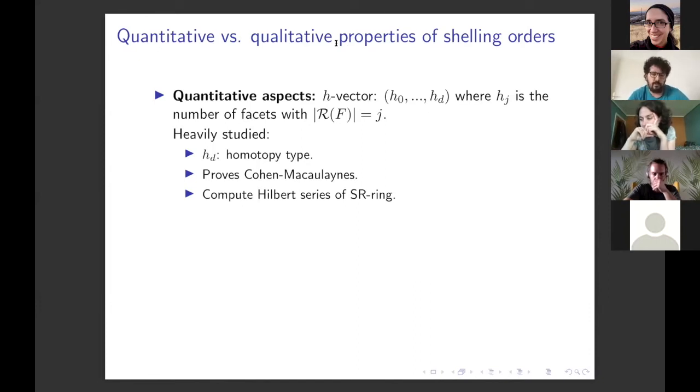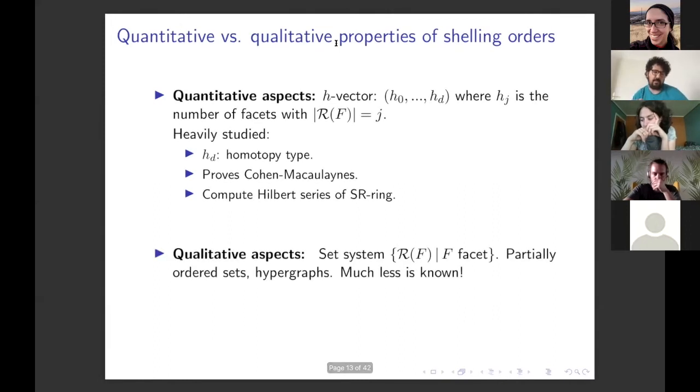The literature on this is actually vast. What is a little less studied is that we could think of these restriction sets and this partition of the face poset combinatorially. I could, for example, think of this collection of sets as a set system, a family of subsets of the vertex set of my simplicial complex.